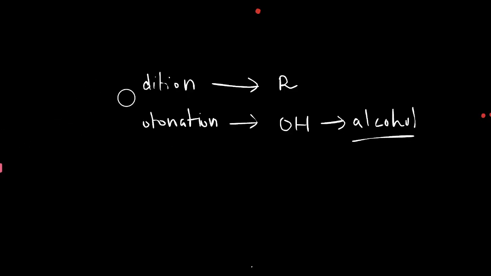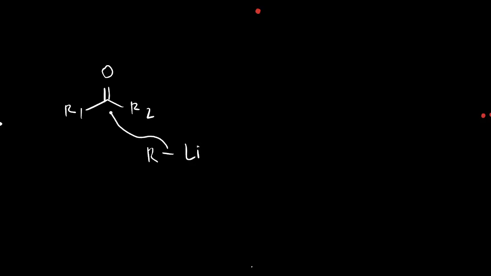Okay, so now let's look at our ketone, that R1, R2, carbonyl, and we can draw that alkyl lithium. So what's going to happen is we're going to have the R group attack this carbon, right? We know this nucleophilic attack here. This is going to then cause the electrons that make up this double bond to be pushed onto the oxygen. Why?